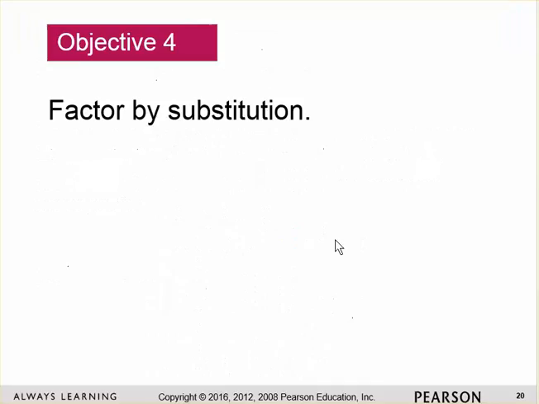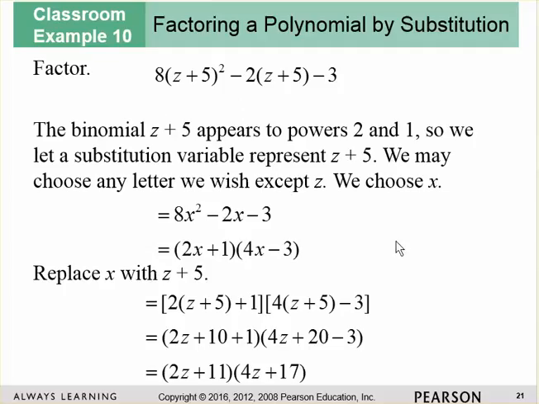Now, once we have factored it, we want to substitute back. So once it's factored, we're going to replace x with z plus 5 in both of those two places, so 2 times the quantity z plus 5 plus 1 and 4 times the quantity z plus 5 minus 3.